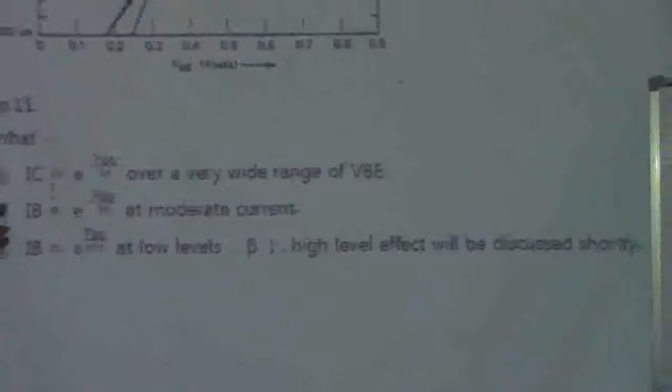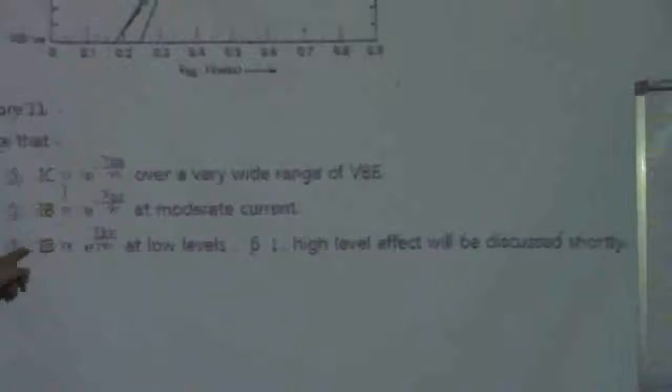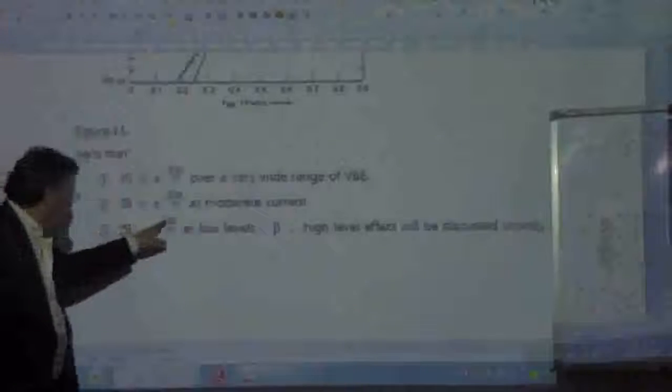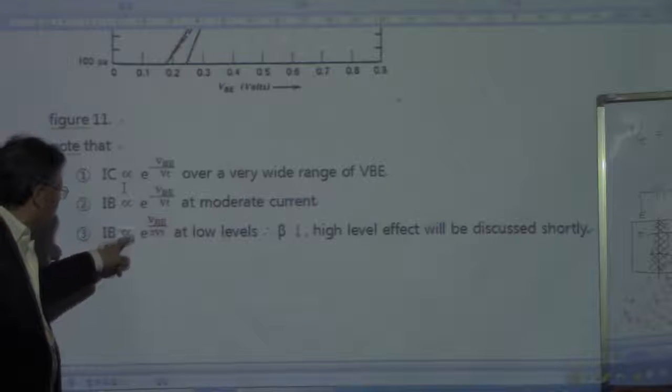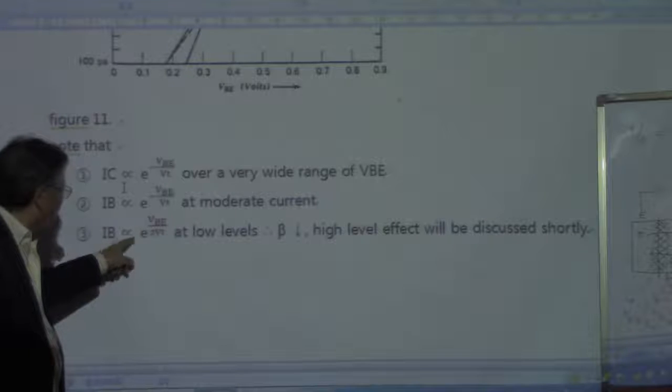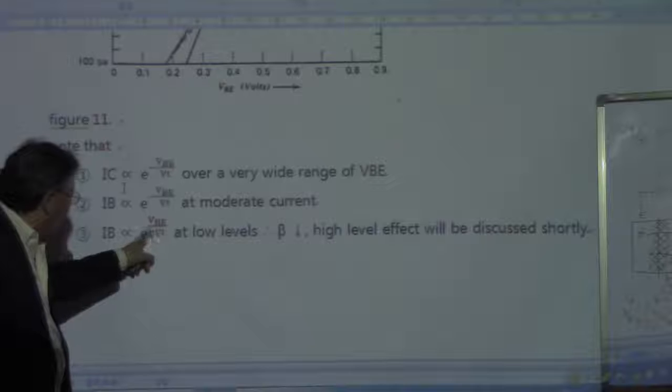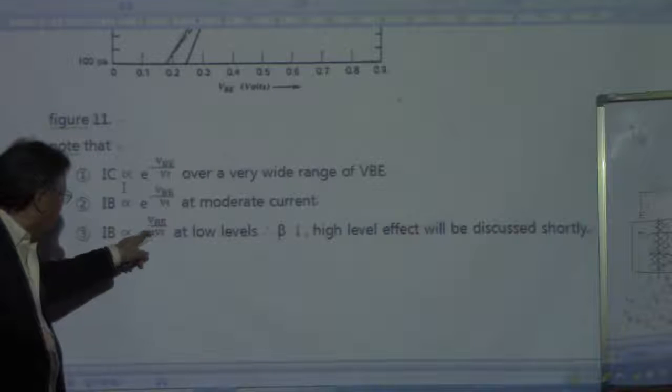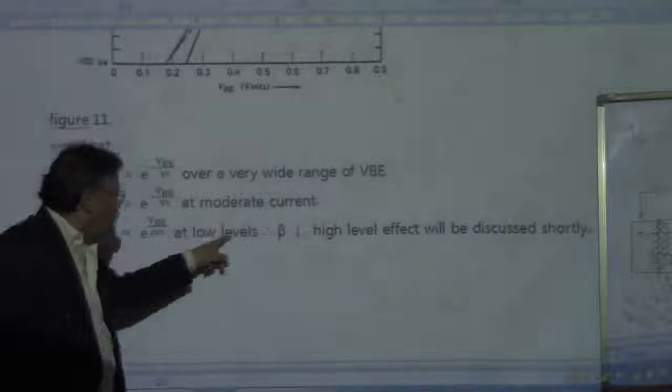And the base current is also related in the same fashion, but the base current is going to be proportional to this 2 in the exponent at low levels.